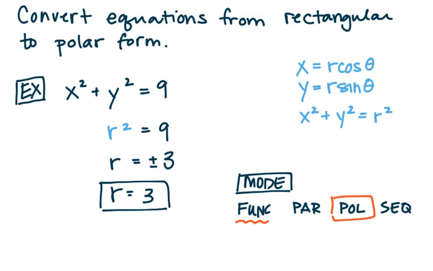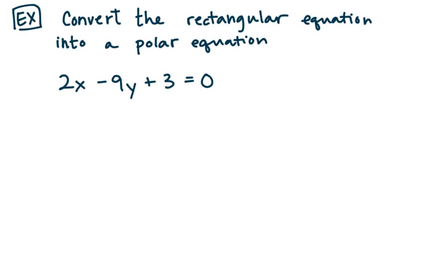All right, let's do an example where we convert something else. Let's do this one more time. Let's convert the rectangular equation 2x minus 9y plus 3 equals 0 into a polar equation. That means we want r's and thetas. Well, what is x in terms of r and theta?